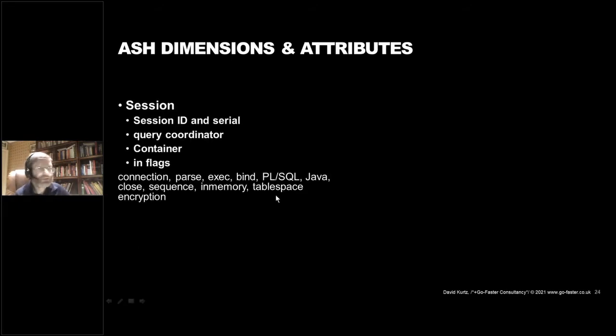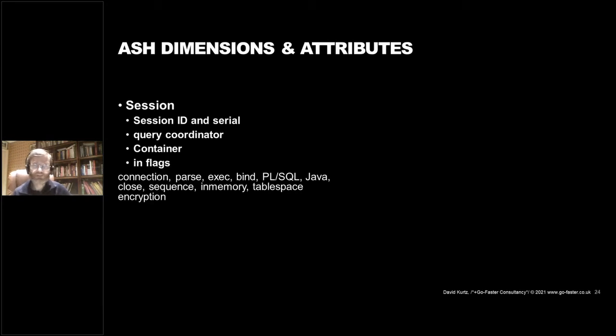And there are 6 broad areas. You've got session information: session ID, serial, instance if you're on RAC. The query coordinator, session ID and serial, if you're dealing with a parallel query server process. Information about the container if you're on a multitenant database, and you've got these in flags which tell you what the state of the SQL is.